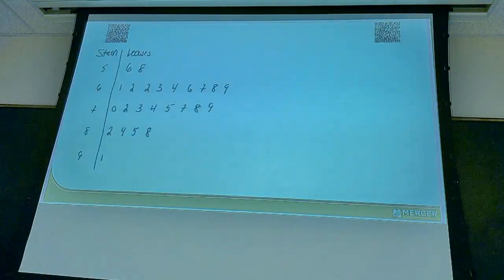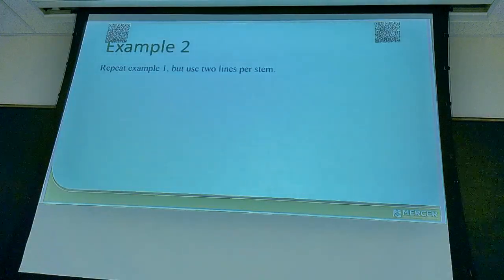What we can also do, if the leaves start to get too long, is break the leaves down into multiple stems. Same data, but use 2 lines per stem. Each stem, if we're looking at the units digit, has how many possible leaves?